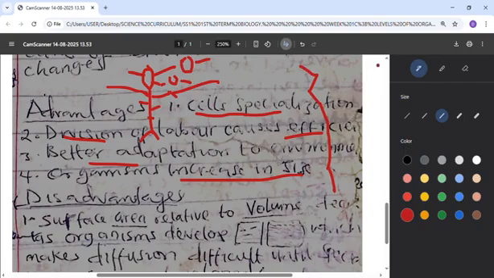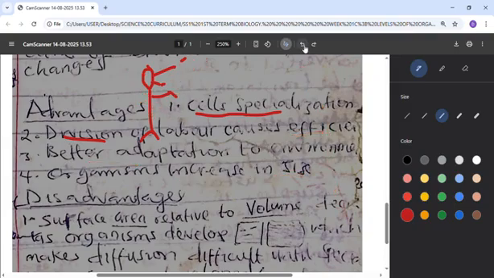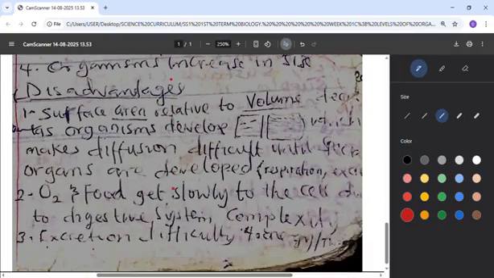So that leads us to disadvantages. So what are now the disadvantages of this complexity? That means for human we are complex, but that complexity, all those things that are in our body that made us complex, what are now the side effects? Number one, in terms of space, there is not enough space in our body, like where the kidney is, the liver, they have all covered our body, such that if you open the human body, there will be no space. But if it is small organisms, there is space.